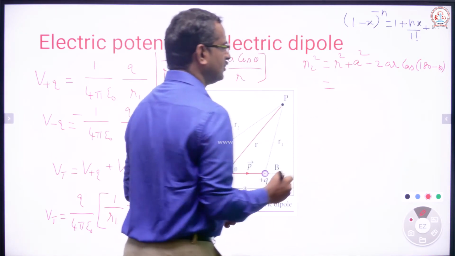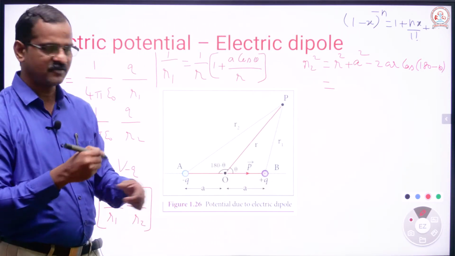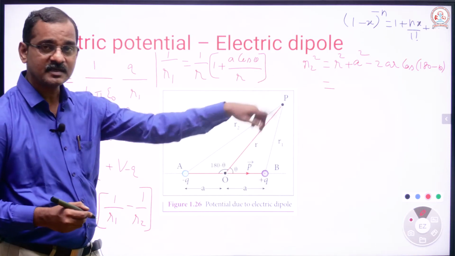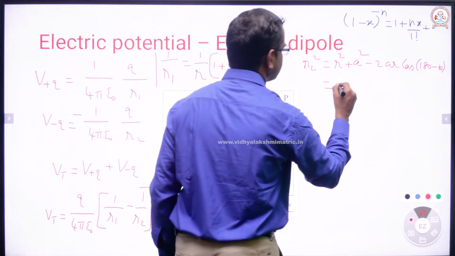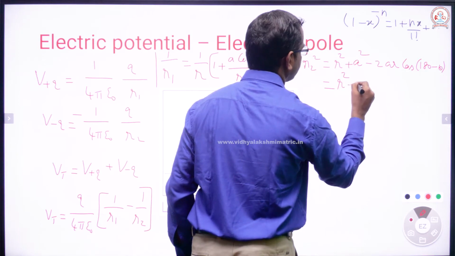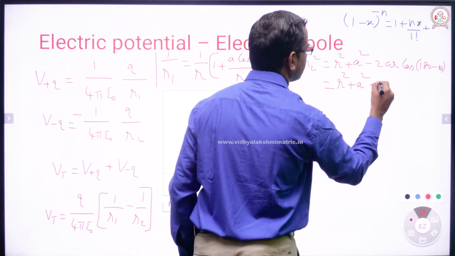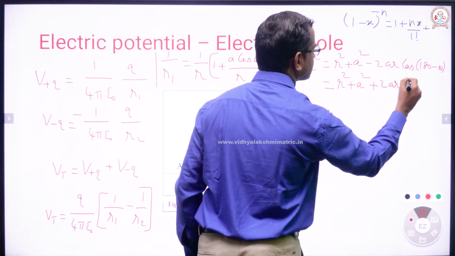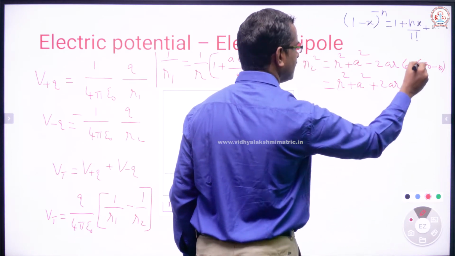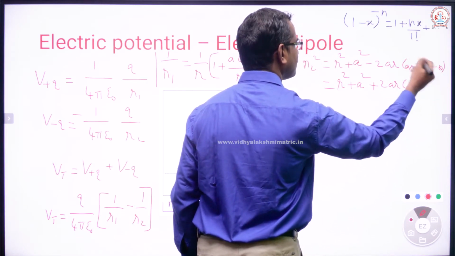If you apply the ASTC formula, cos(180 minus theta) is minus cos theta. Then this is r square plus a square plus 2ar cos theta, because cos(180 minus theta) is minus cos theta.